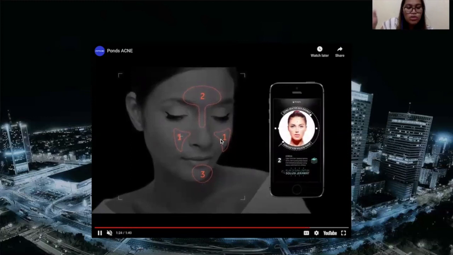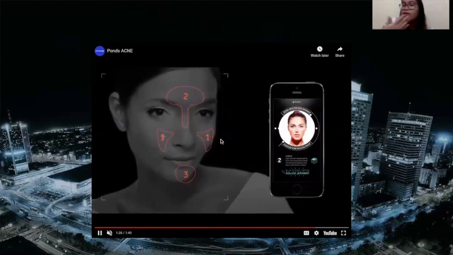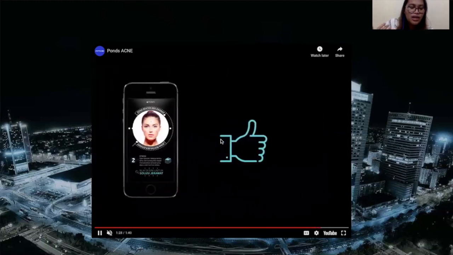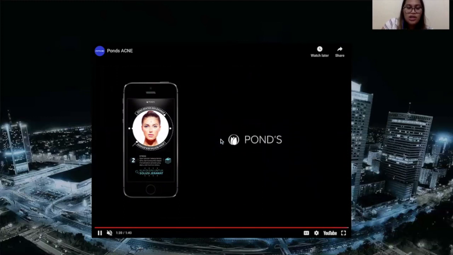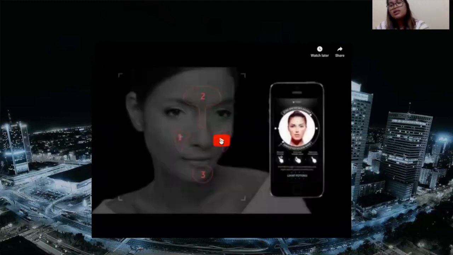And then the user can move their face through the augmented reality. The results of this campaign included 39,000 users interacting with the ad in just a 29-second average engagement. So this is an example of successful use of virtual reality for Unilever's Pond's product.